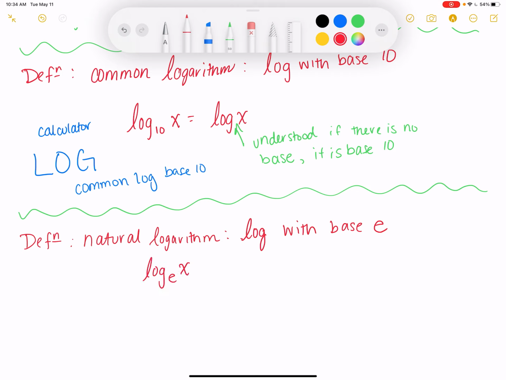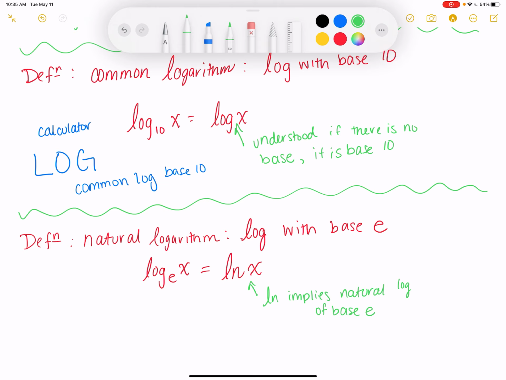Log base e of x is equal to the ln of x. Ln implies natural log of base e. Okay? This is going to make more sense later.